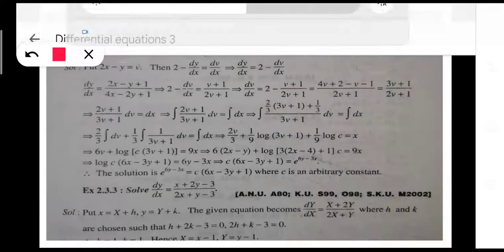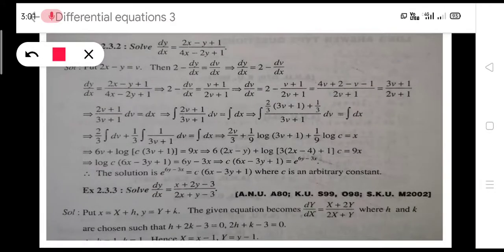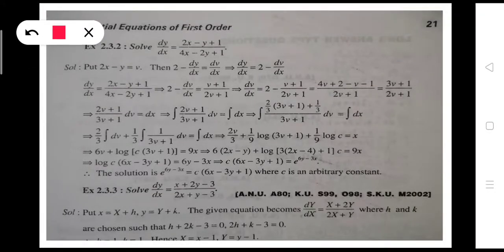So how do we solve non-homogeneous differential equations? First we put 2x - y = v. Then differentiate with respect to x: 2 - dy by dx is equal to dv by dx, and dy by dx is equal to 2 - dv by dx. Now substitute these values in the given equation.